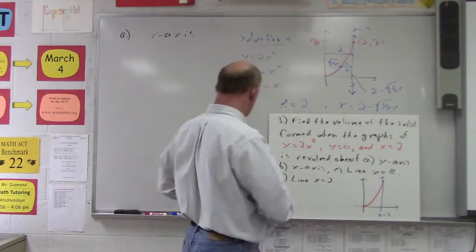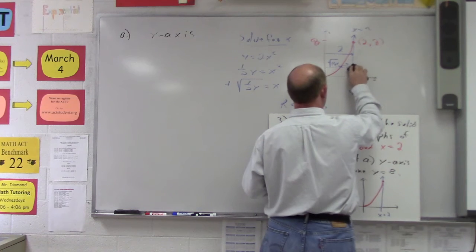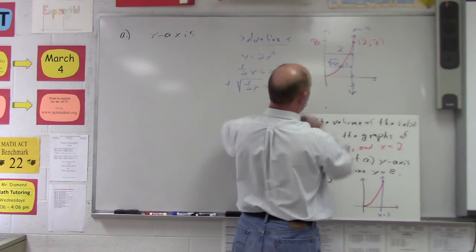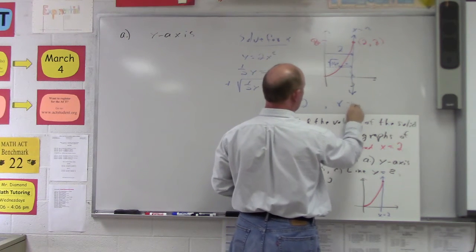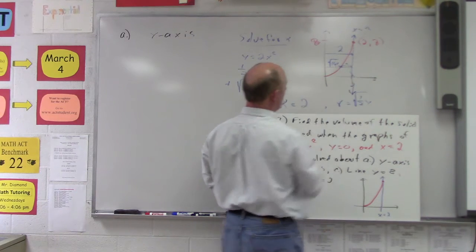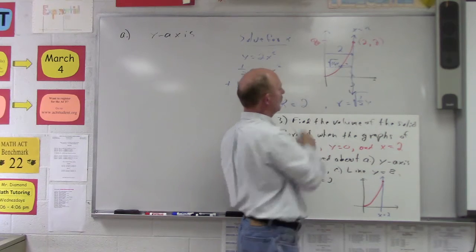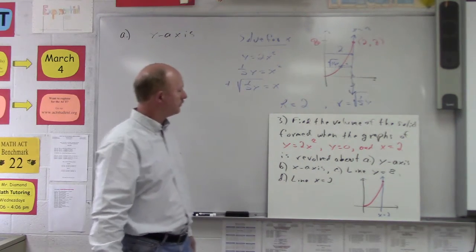Well, actually, no, it won't. Let me change this a little bit. It will not be. So our outside radius would simply be the square root of 1/2 y, and little r would be this distance right here, the distance from this end of the representative rectangle to your axis of rotation, which in this case would simply be the square root of 1/2 y.